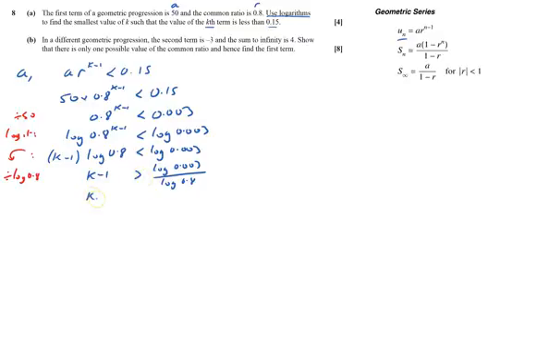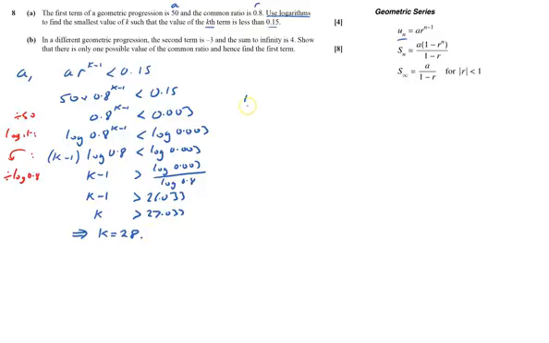So I get k minus 1 is greater than 26.033. Add 1 to both sides. K is greater than 27.033, and therefore the kth term, k equals 28. And that does part A.